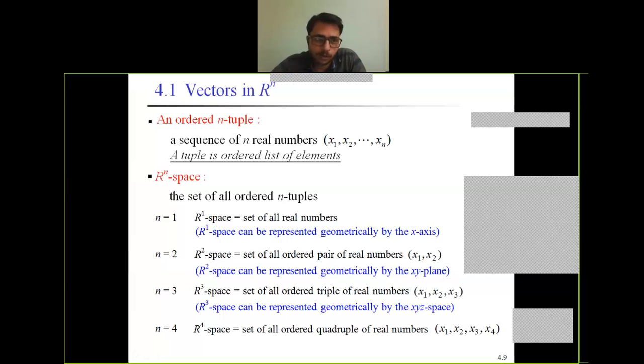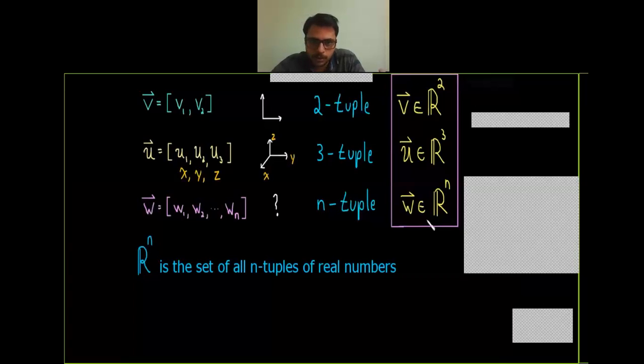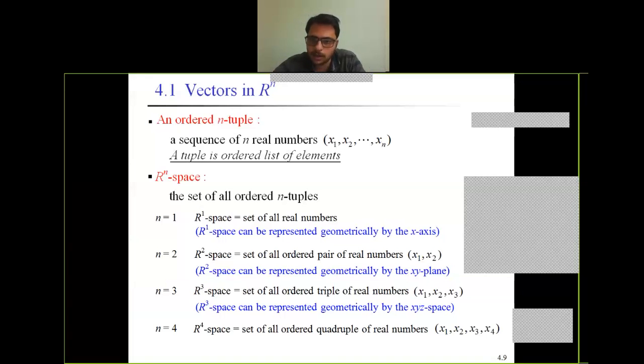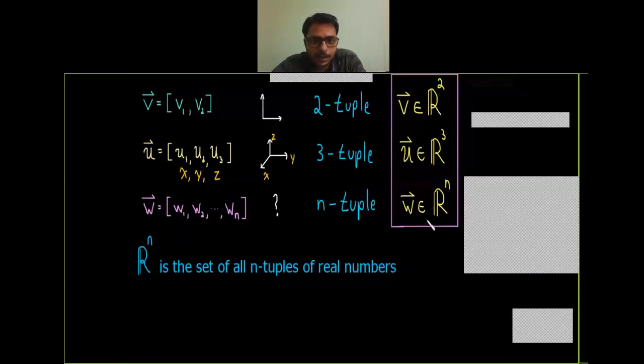We have seen n tuple, that is, an ordered n tuple is a sequence of n real numbers, and a tuple is an ordered list of elements. These few lines are very necessary to understand space Rn in detail, and from this slide you will understand what Rn actually means.